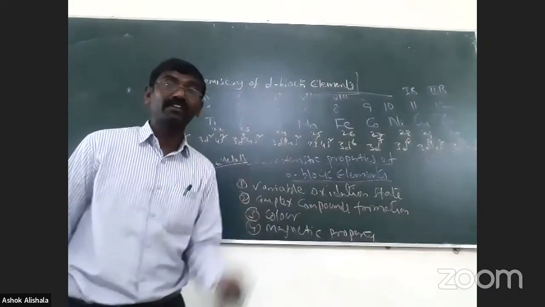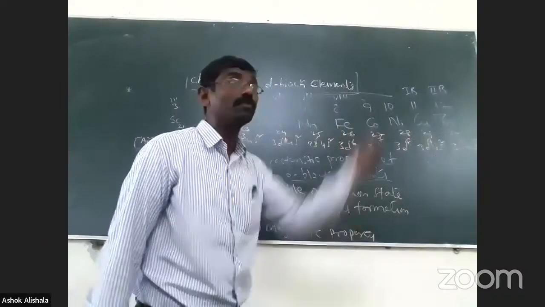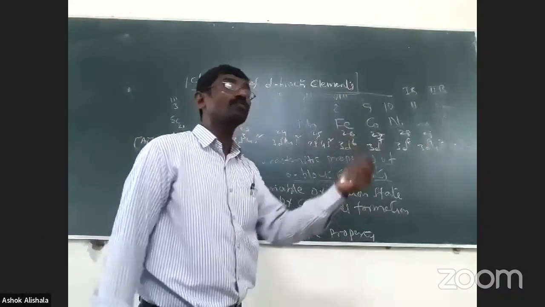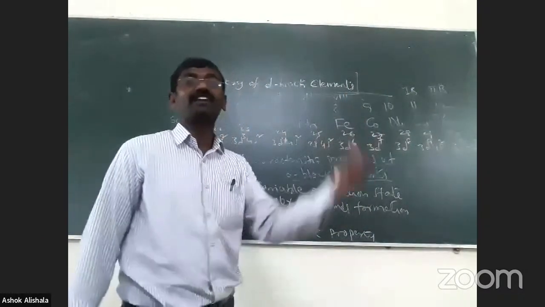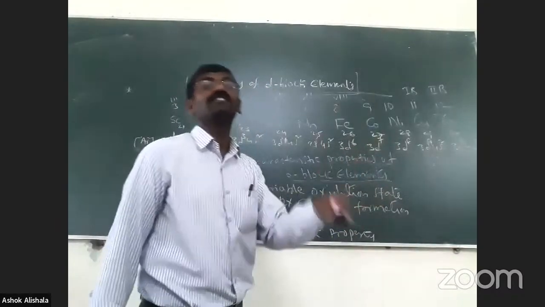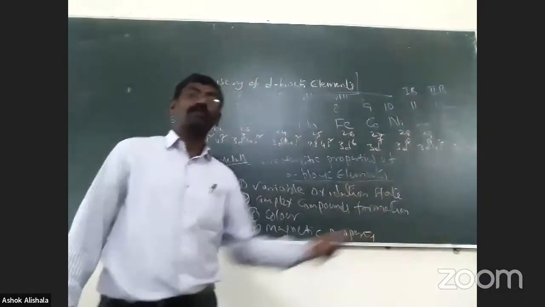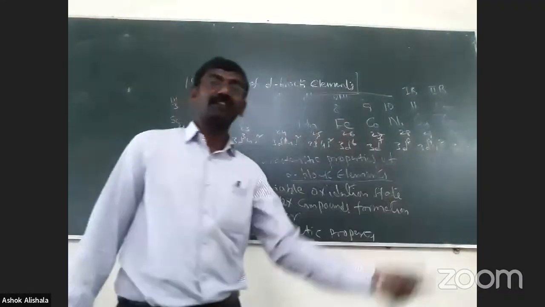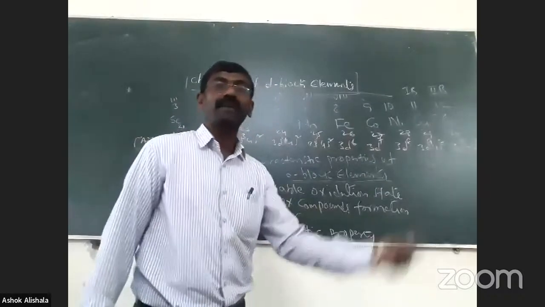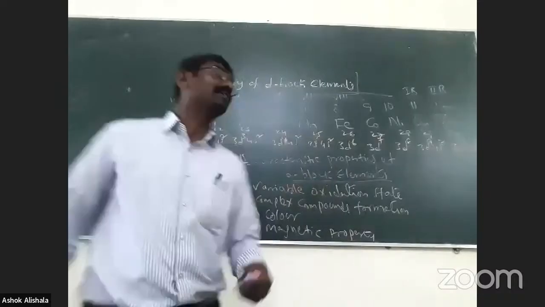Due to the inert pair effect, in the fourth group and fifth group, the last element does not show the group oxidation state. Instead of the group oxidation state, N-2 is the more stable oxidation state. In the case of the fourth group, 4 - 2, that is +2. In the case of the fifth, it is 5 - 2. In the case of bismuth, +3 is the more stable. So this is the inert pair effect.